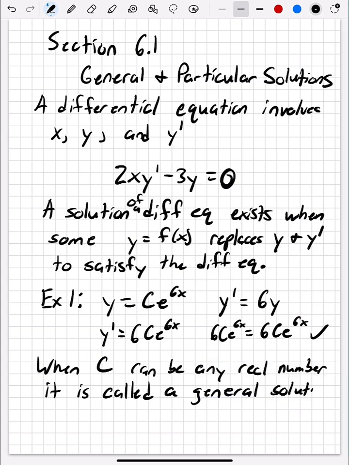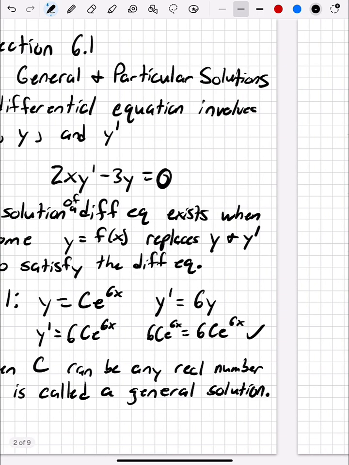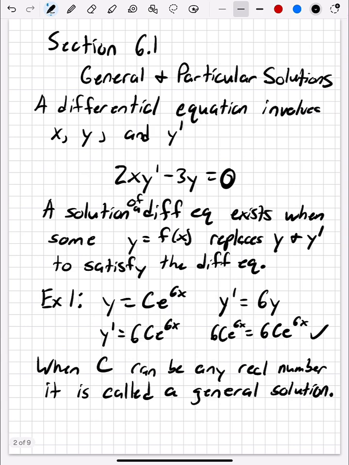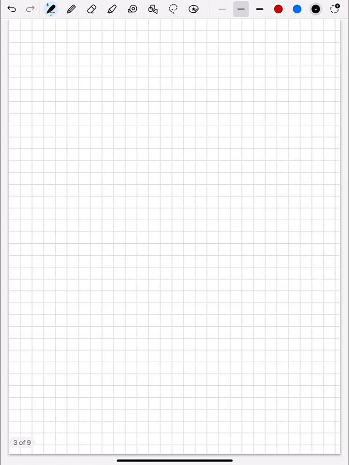So no matter what I want to plug in for c, I will have a solution no matter what. Okay, and that's called a general solution. Just to clarify, this is an example of a general solution because no matter what I plugged in for c, it's going to get multiplied by 6 when I do the derivative. When I plug it into the differential equation, it's going to get multiplied by 6, and so therefore that is a general solution. All right.